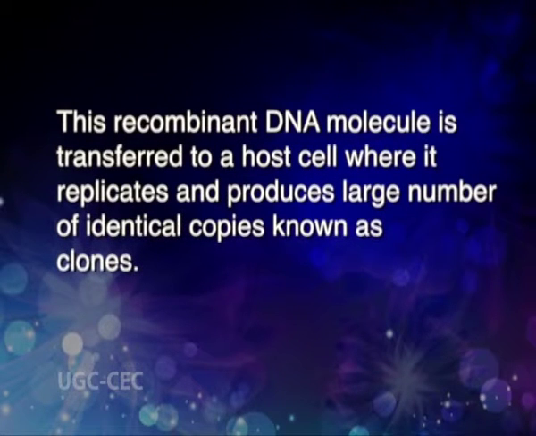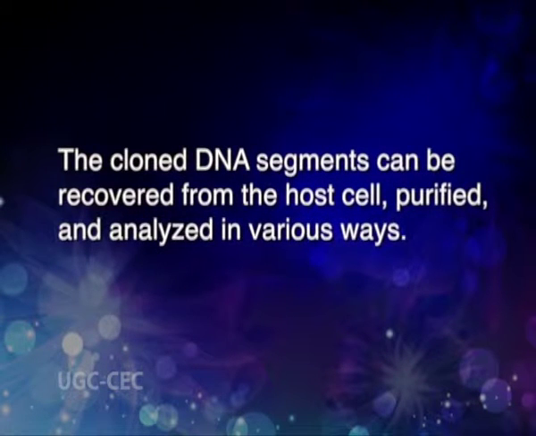Third, this recombinant DNA molecule is transferred to a host cell where it replicates and produces a large number of identical copies known as clones. Finally, the cloned DNA segments can be recovered from the host cell, purified and analyzed in various ways.